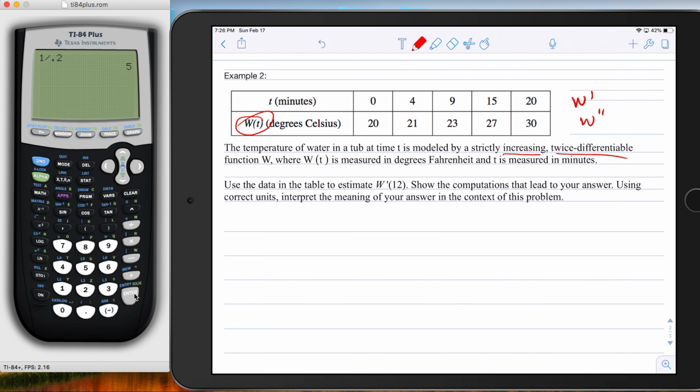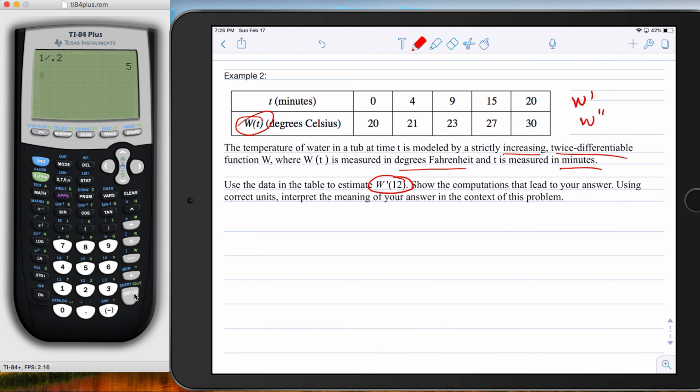We know that W is in Fahrenheit and T is in minutes. What they're asking today is: use the data in the table to estimate W prime of 12. So let's start with that.